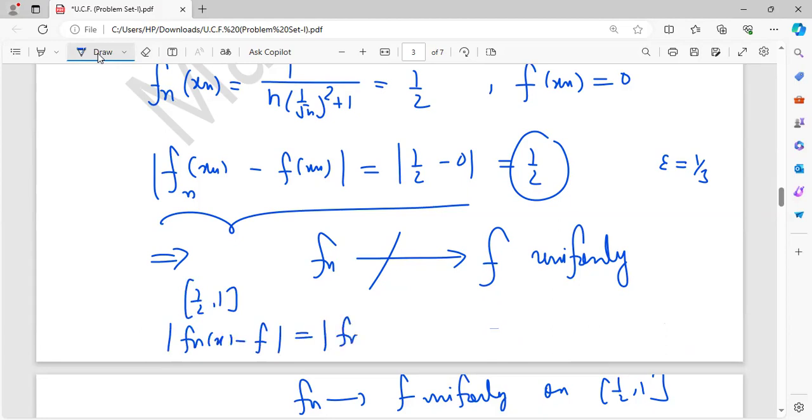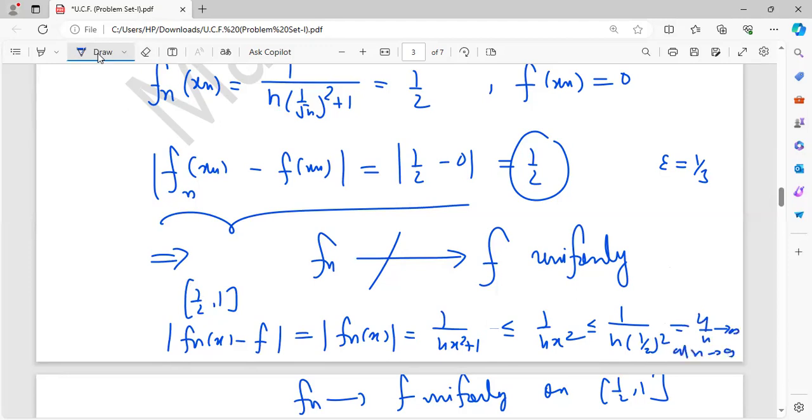So f_n(x) minus f(x) is f_n(x), which is 1 upon (n x² plus 1). This is less than 1 upon n times (1/2) squared, which is 4 upon n. That tends to 0 as n tends to infinity, and it does not depend on any x. So f_n tends to the 0 function uniformly on the closed interval [1/2, 1].